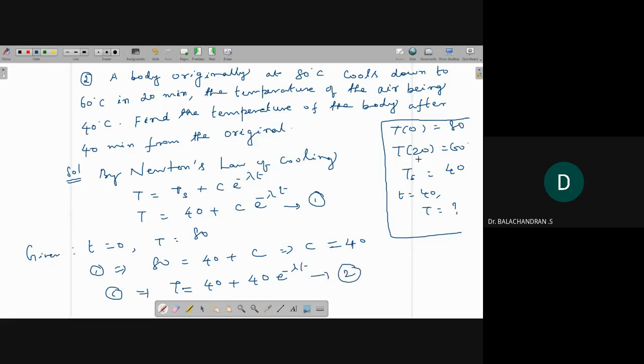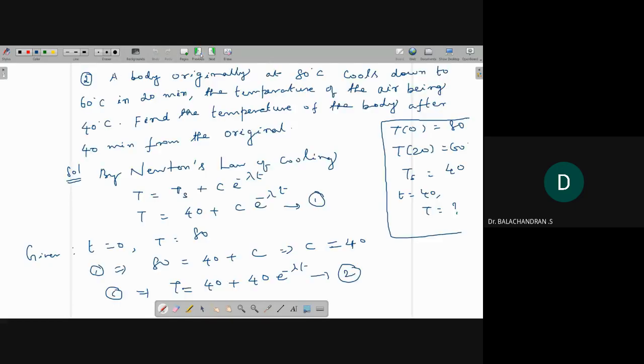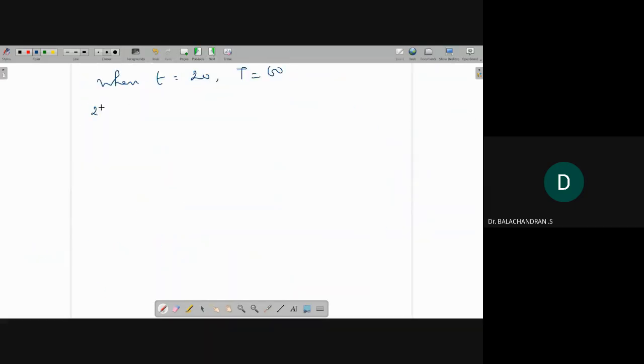Now what is given in the question after 20 minutes? So t equal to 20. When t equal to 20, the temperature is 60. So equation 2 implies 60 equal to 40 plus 40 into e power minus lambda t.